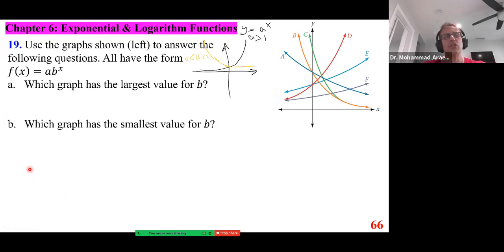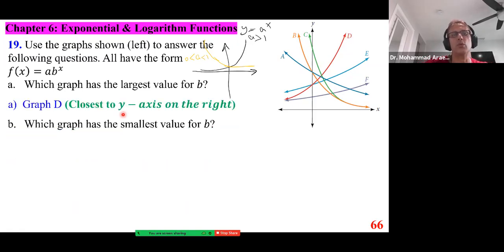So having said that, which graph has the largest value of b? We are looking at the b. We are interested in the base. The base basically is the largest for these numbers. They pick up like that and they go to infinity. Now, the one that is closest to the y on the right side of the x-axis happens to be d, therefore graph d. So closest to y-axis on the right side.